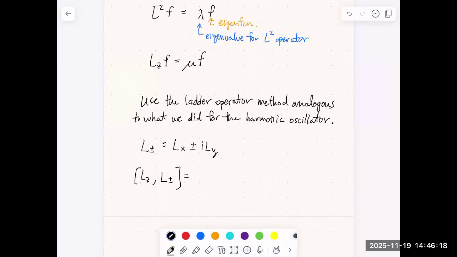What we decided for the harmonic oscillator is that once we lower the energy down to 0, we can't lower it anymore, so we had A minus on the lowest energy state resulting in 0. That's what we're going to do here. But we're going to try to find by how much L plus and L minus raise and lower the angular momentum. All right, so here we go.